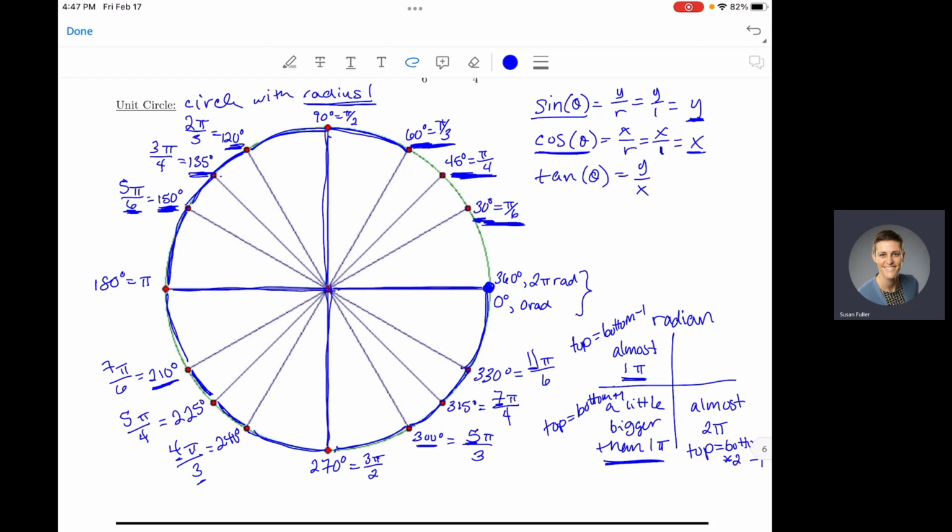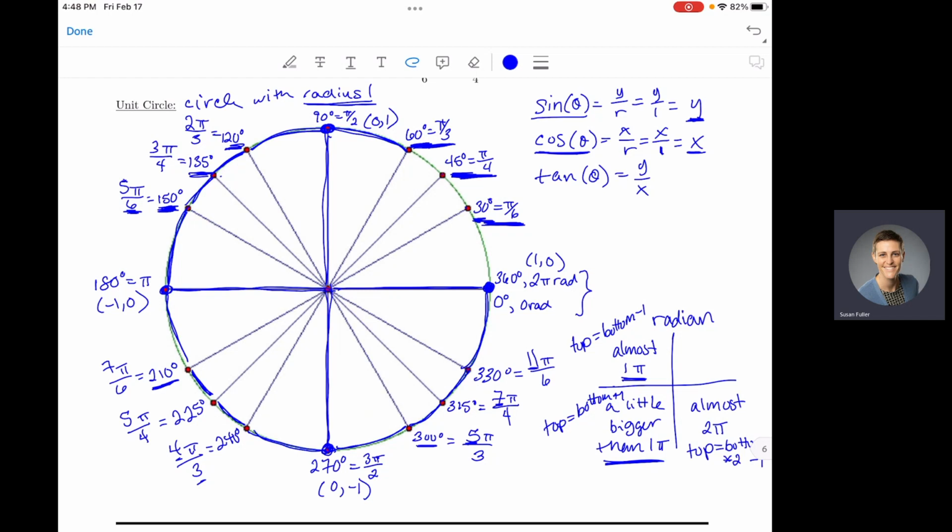So this point over here, this is the point 1, 0. That's an ordered pair on a circle of radius 1 centered at the origin. Up here at 90 degrees, this is the point 0, 1. Over here at 180 degrees, this is the point -1, 0. And down here at 270 degrees, this is the ordered pair 0, -1.